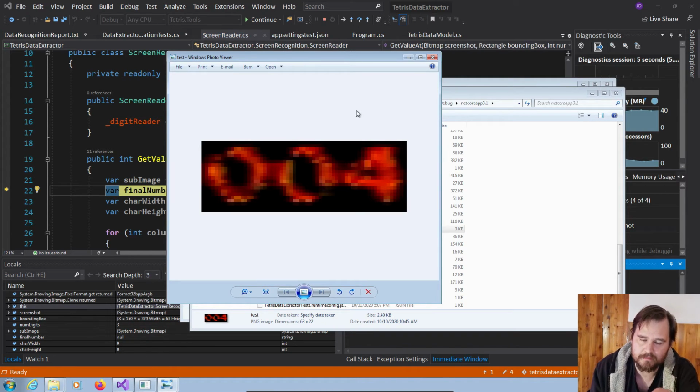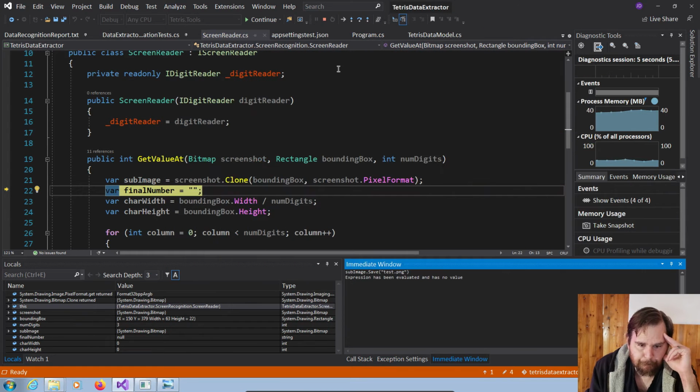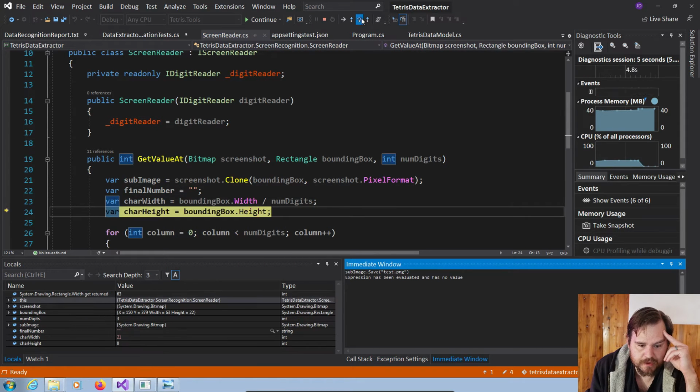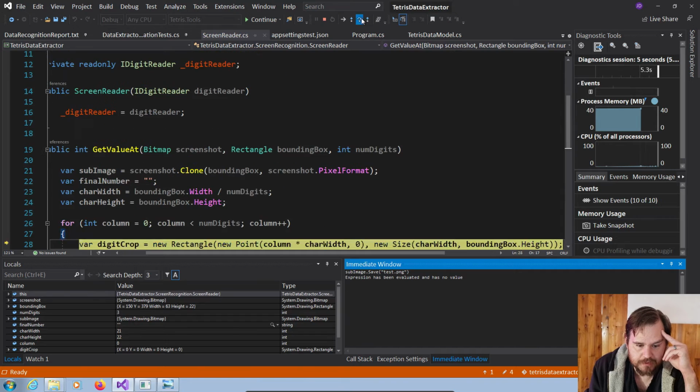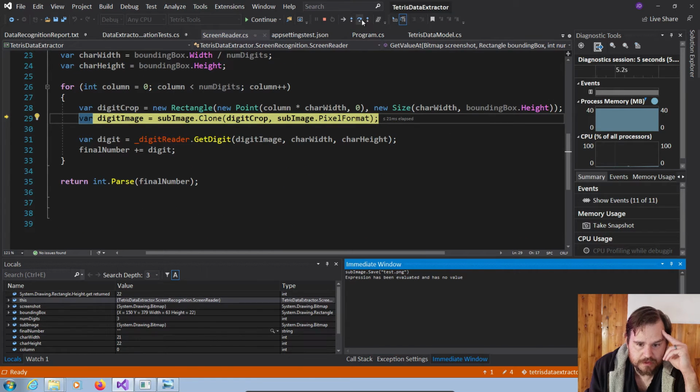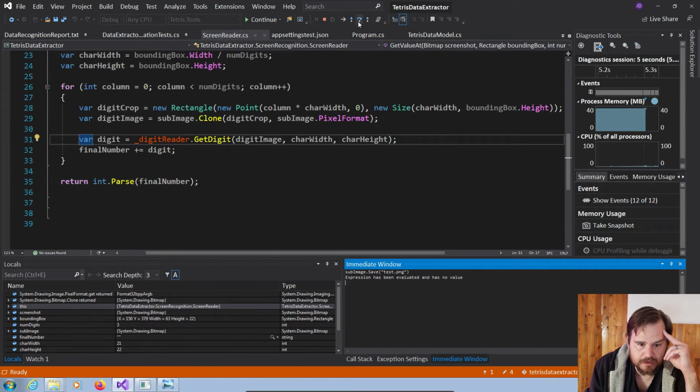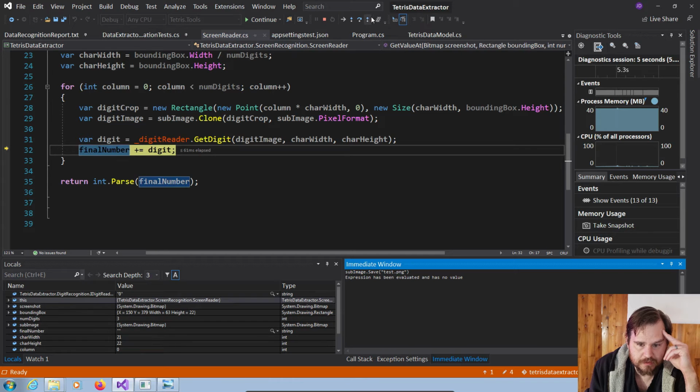Now I can't fault my algorithm for not being able to recognize this. How blurry and gross is that? If this were an emulator, this would be so crisp and clear. It would be as easy as the white numbers. All right, so the first two I think it's going to find is going to be zeros. The digit found was a 0.